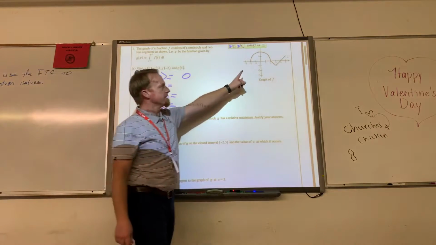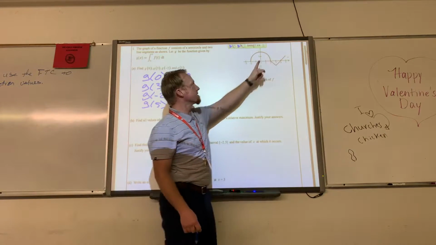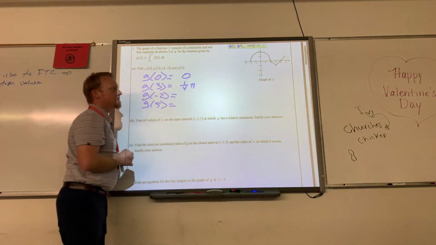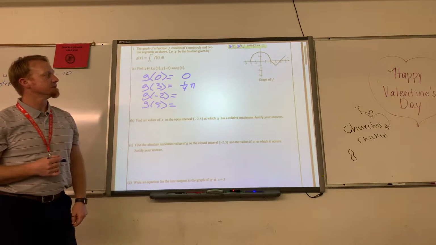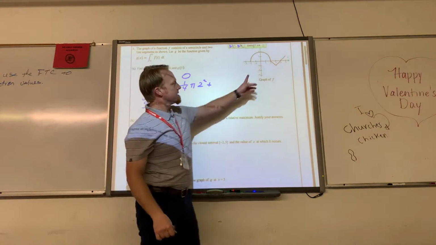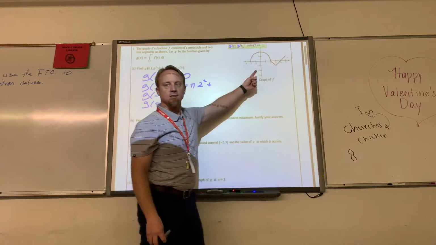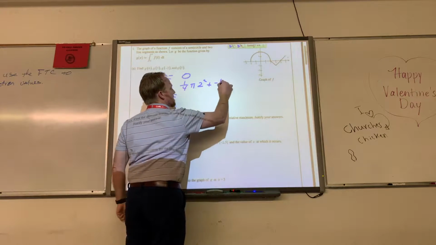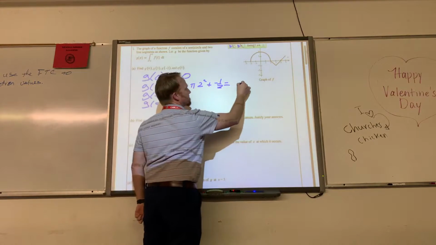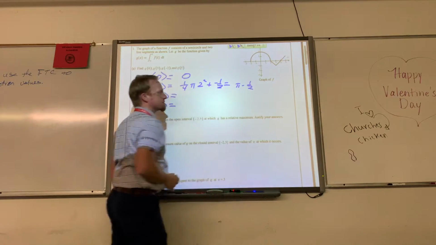So I just need my area from 0 to 3. So I've got a quarter circle. A quarter circle is 1/4 pi r squared. What is r? 2. So that makes 2 squared. And then plus this little triangle is negative 1/2. Okay, so we end up with pi minus 1/2.